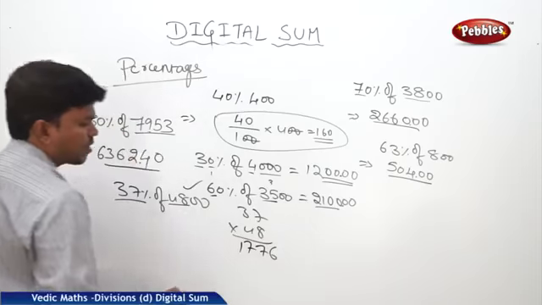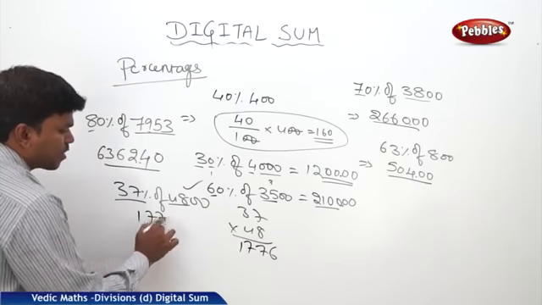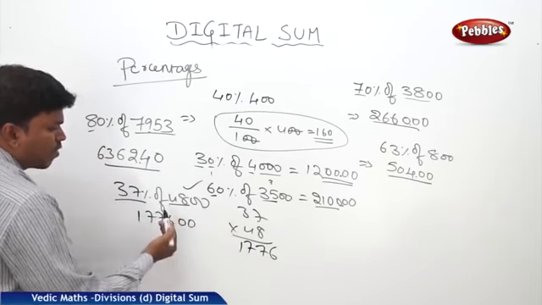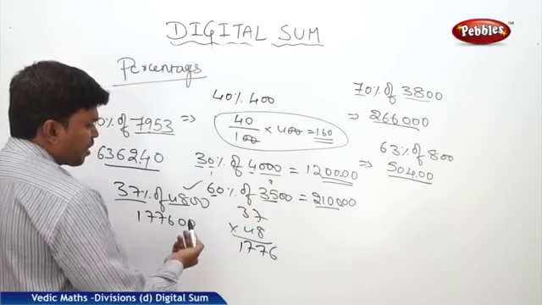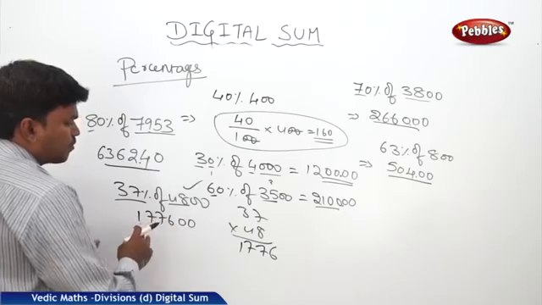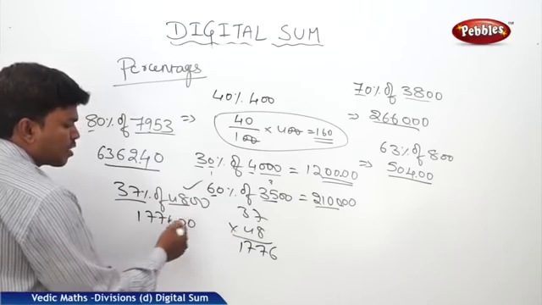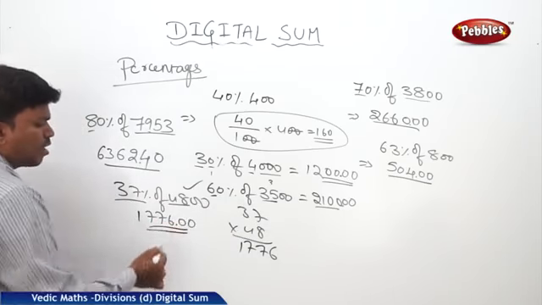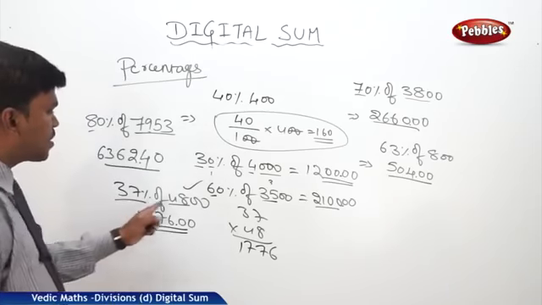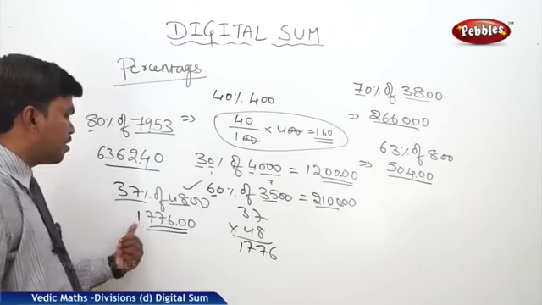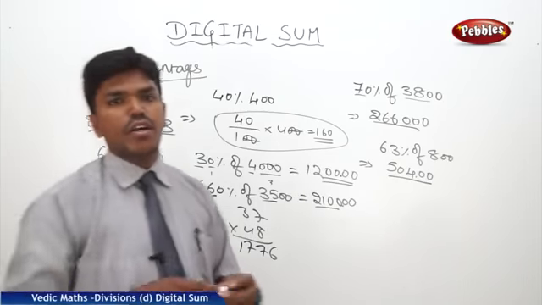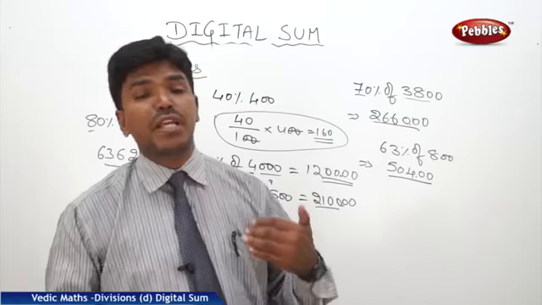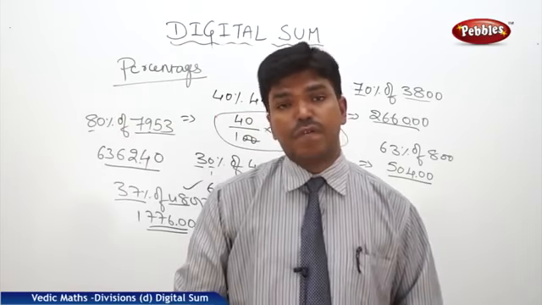So I got 1776, 2 zeros afterwards. Since it is a percentage, put a decimal point after 2 digits from right. This will be your answer. So 37% of 4,800 is 1776. Like this, you can calculate percentage values in a faster way by applying the multiplication techniques of Vedic maths.